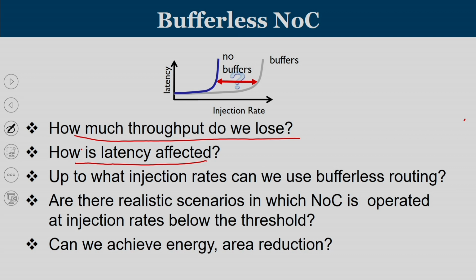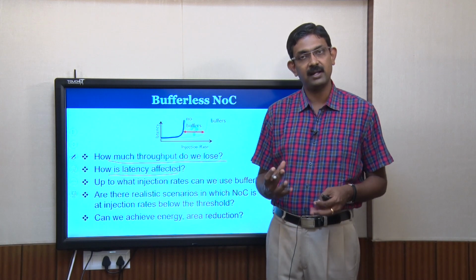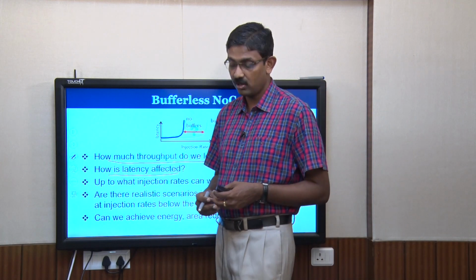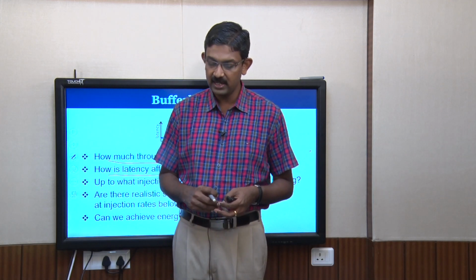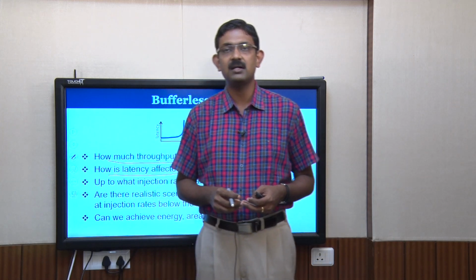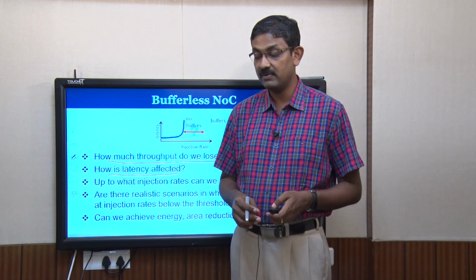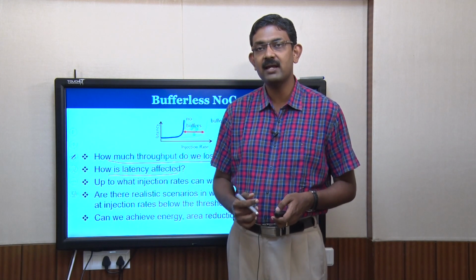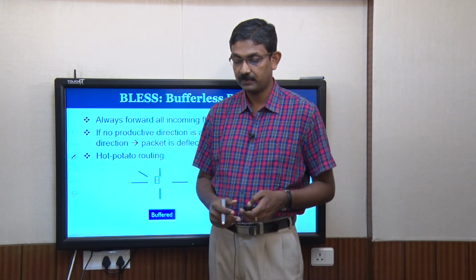Are there realistic scenarios in which NoC is operated at injection rates below the threshold? So, we wanted to know in a real-time application what are going to be the injection rates. Are they suitable for bufferless, or do we have to go for a buffered design? And once you get rid of buffers, we are going to have savings in terms of energy and area. How much area or energy savings do we get? So, these are the typical design questions that we have when we talk about bufferless network on chip.